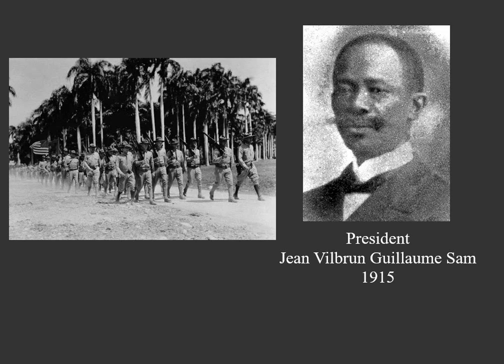So after 7 months in July 1915, a revolt breaks out against Sam, against the government. And it's a very difficult revolt for the Haitian government to put down. It becomes very bloody. And there's atrocities on both sides.